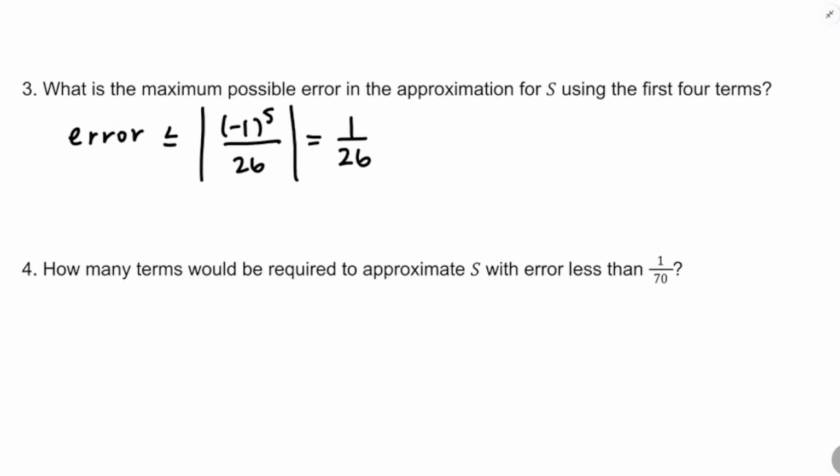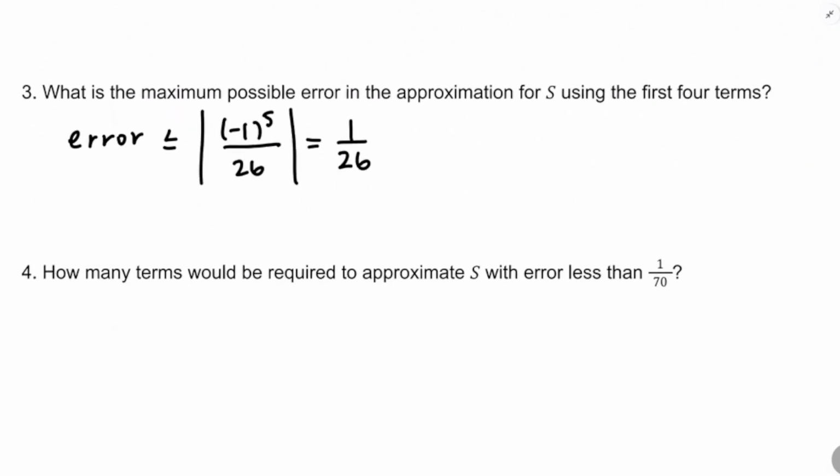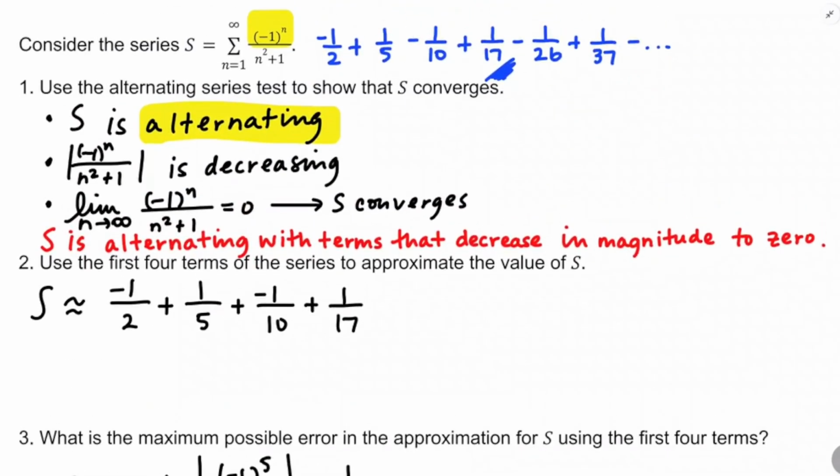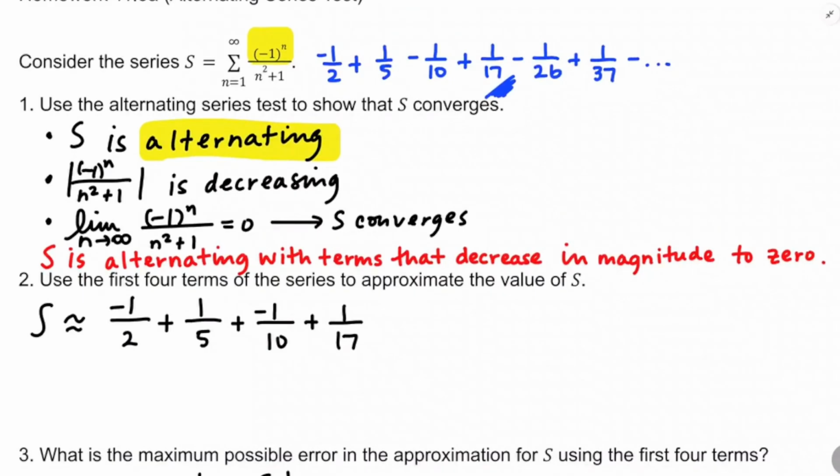All right. And how many terms would be required to approximate S with error less than 1 over 70? Well, let's just keep this pattern going.